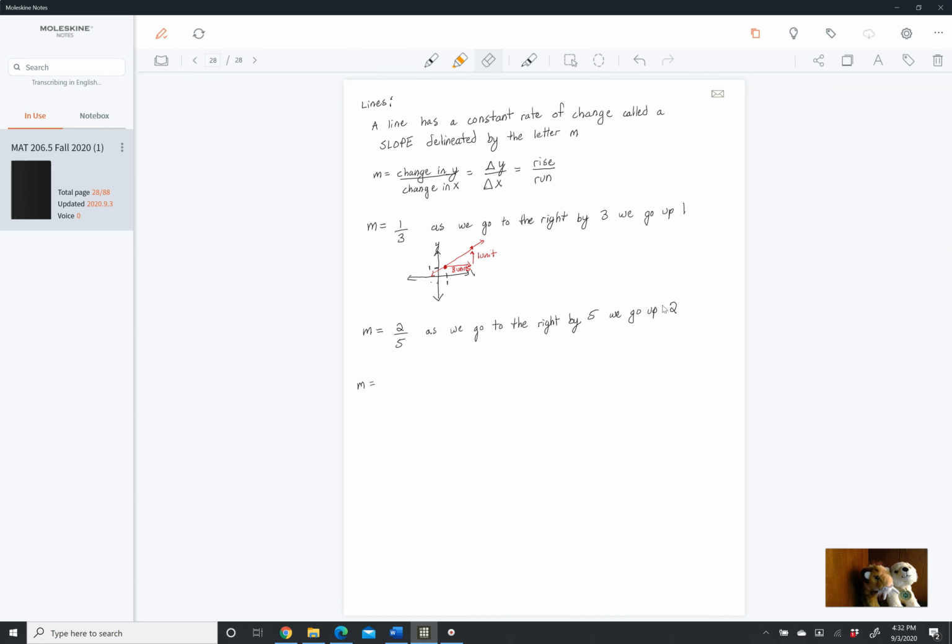A slope of 10 over 7. Well, this one says, okay, as we go right by 7, we actually go up 10.